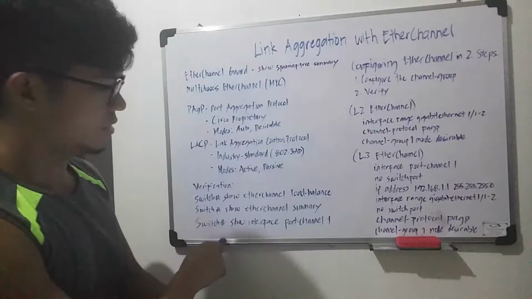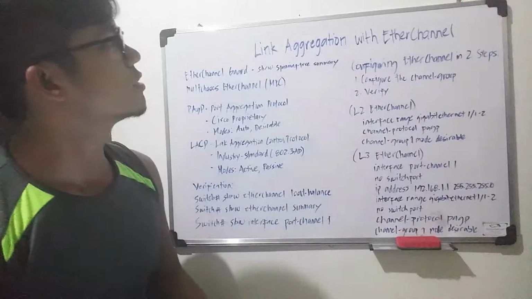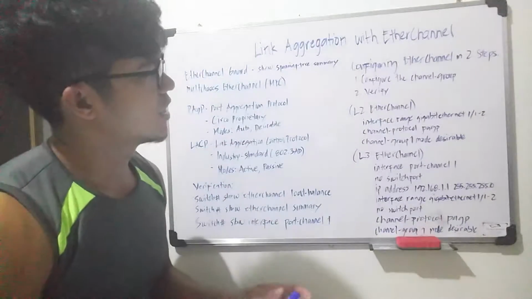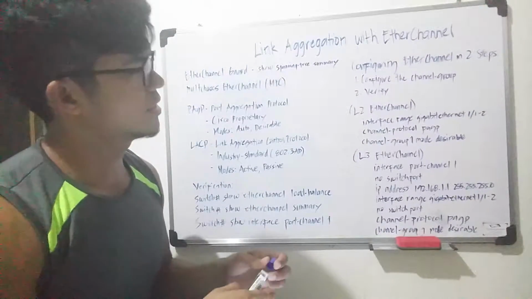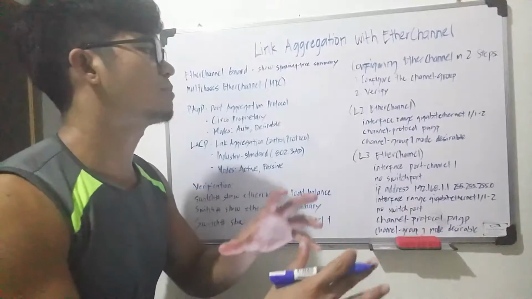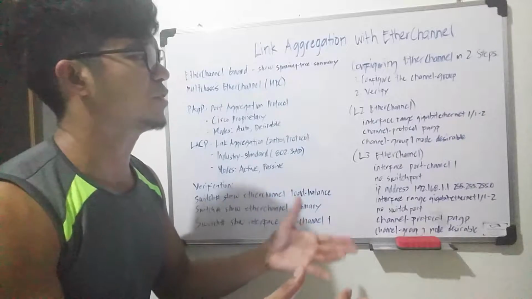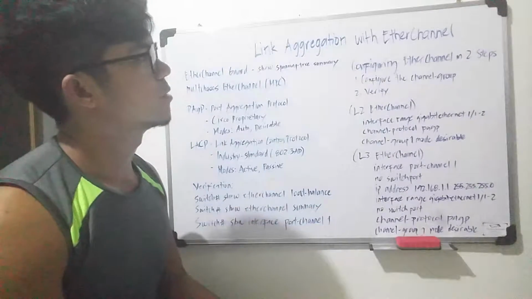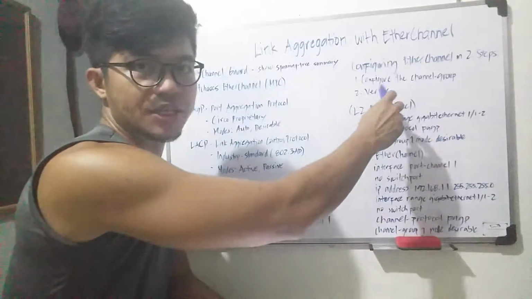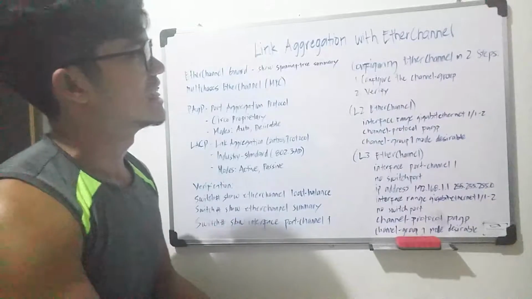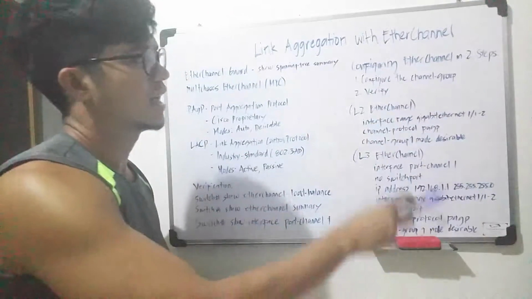Let's talk about this later. Let's just talk about configuration. This is very simple to configure, and you can have two types of EtherChannel: layer 2 EtherChannel and layer 3 EtherChannel. You can configure EtherChannel in 2 steps: configure the channel group and verify.